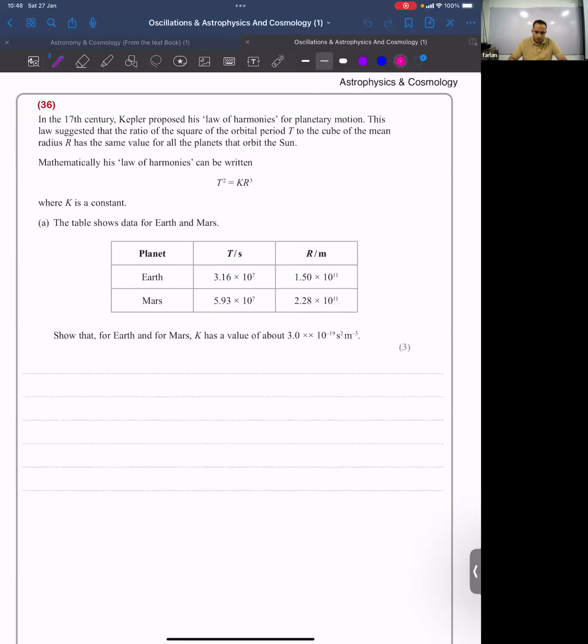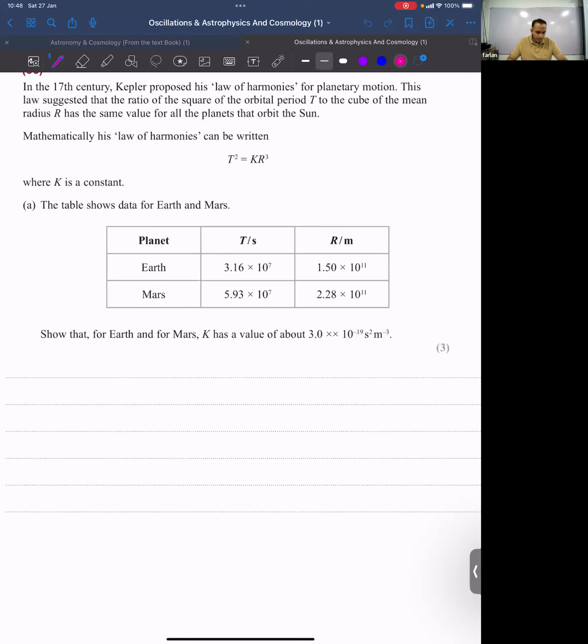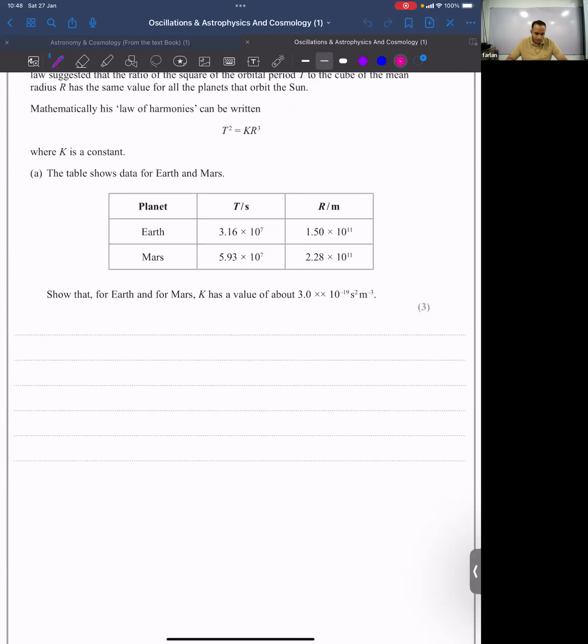Mathematically, his law of harmonies can be written as T square equals k r cube, which is what we proved in the previous question, where k is a constant. The table shows data for the Earth and Mars. Show that for the Earth and for Mars, k has a value of about this much.